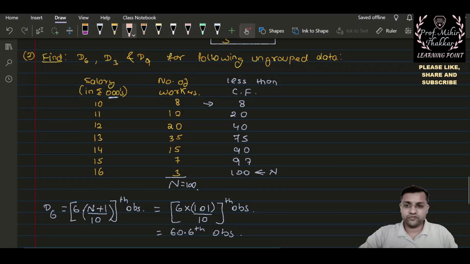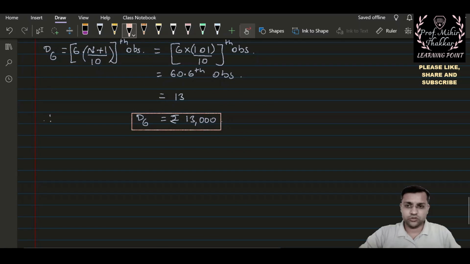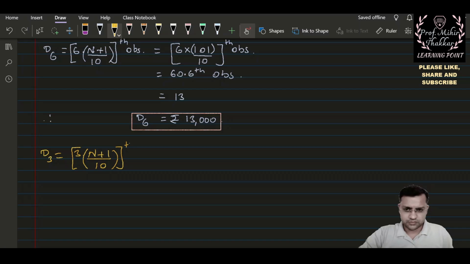Suppose I have to find D3. D3 is equal to 3 into (n plus 1) upon the 10th observation, which is 3 into 101 upon 10.